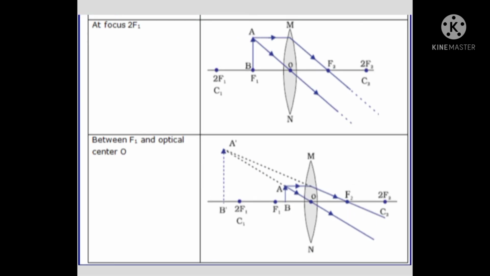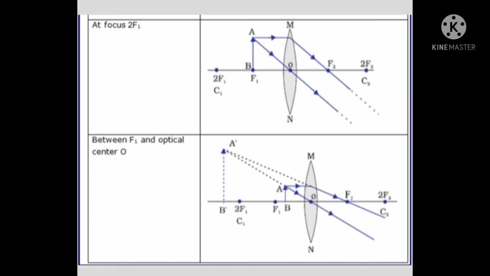Our fifth case is the object at f1. Here also a parallel ray, after refraction, passes through the second focus f2, and a ray passing through the optical center has no deviation. But you can observe that the rays do not meet here; they meet at infinity.